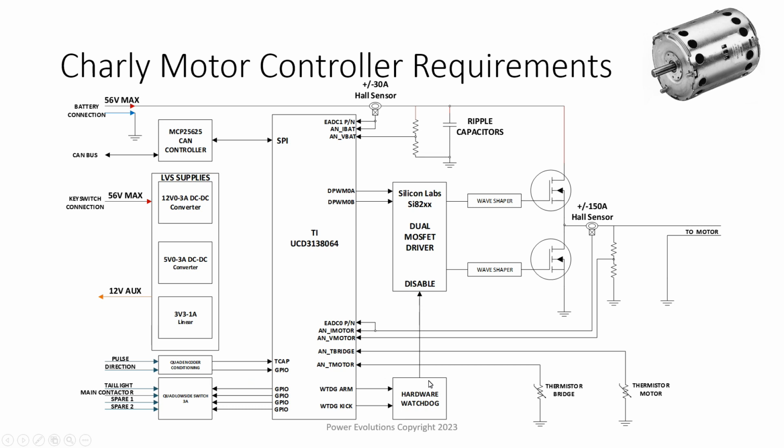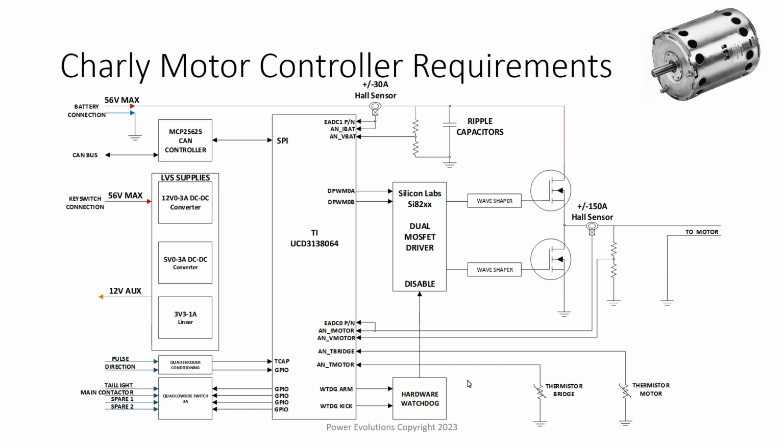Additionally, we're looking at putting a hardware watchdog on this in addition to the internal watchdog that exists. This is done just to give us one more level of protection. And I'm not sure when I'm going to interlock it on, because we need CAN communications to be regular.